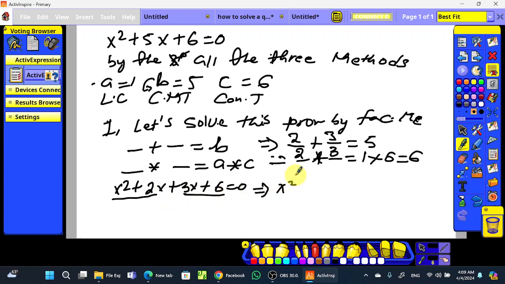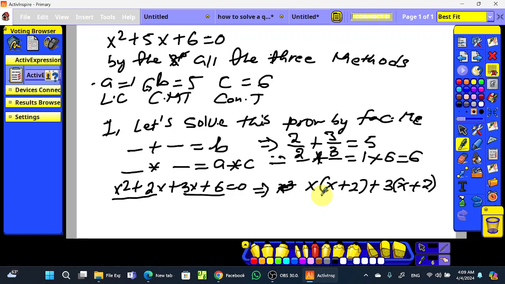The common factor for the first part is x, so what remains inside is x plus 2. For the second part, 3 is the common factor. When you take 3 out, x remains in the first term and 2 remains in the second term, since we have 6 right here.